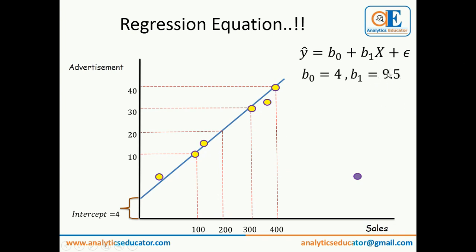If this sign is positive, b1, it means your x has a positive relationship with y. That means x is the independent variable, advertisement, and y is sales. That means if you increase advertisement, sales will also increase, just by checking the sign beside it.